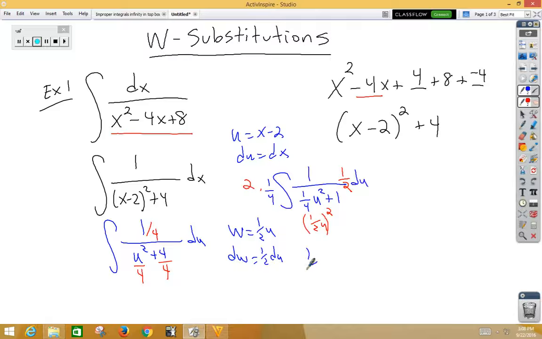So now I have a 1/2 integral 1 over w squared plus 1 dw, and this is inverse tangent.